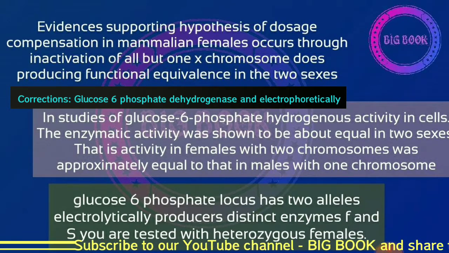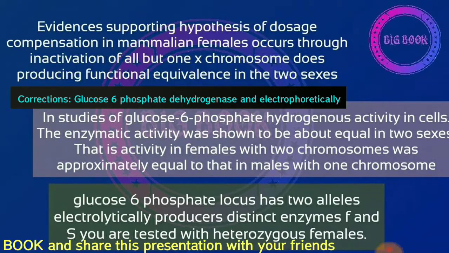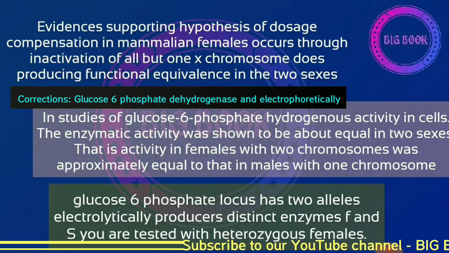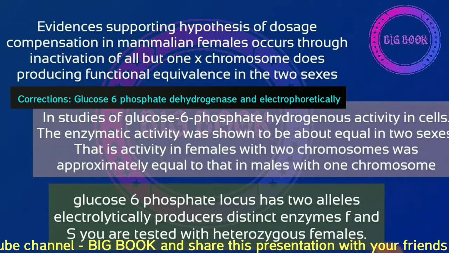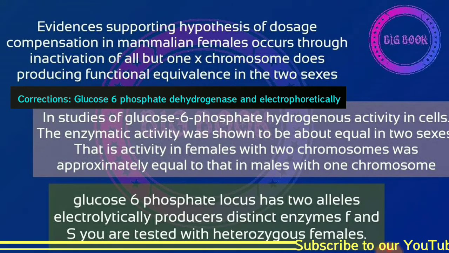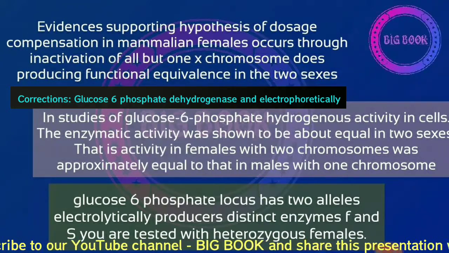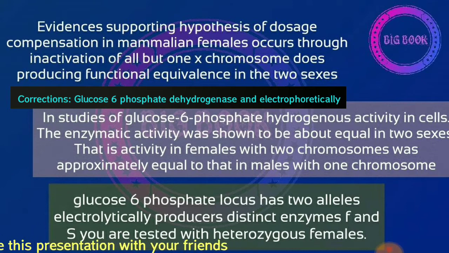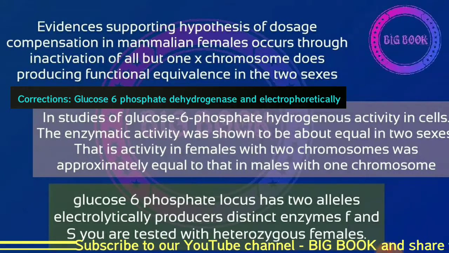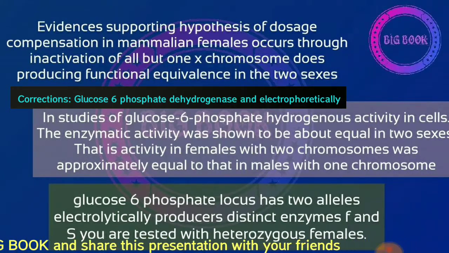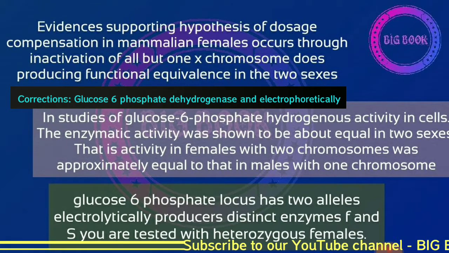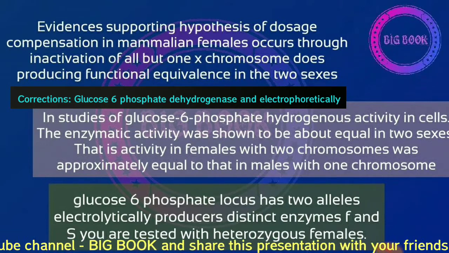These studies were done to understand that one X chromosome is inactive. They took skin cells of human females to study glucose 6-phosphate dehydrogenase activity and enzymatic activity, and these cells were cloned.